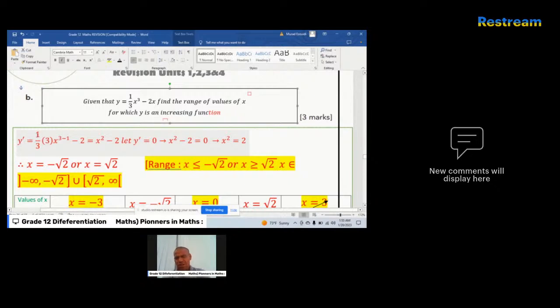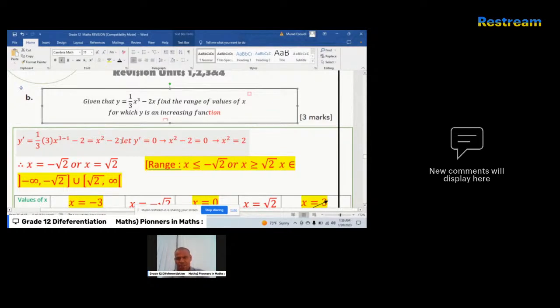It will be y dash equals 1/3 times 3x squared, subtracting 1 from the power, so 1/3 multiplied by 3 cancels to 1. Then the derivative of 2x is minus 2. Therefore, the answer is x squared minus 2.